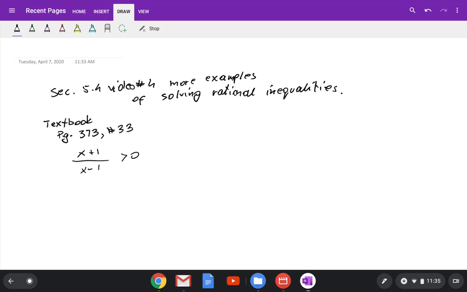This is a nice inequality because you already have a 0 on the right side, so we don't need to get a common denominator. This is a very easy rational inequality to solve.